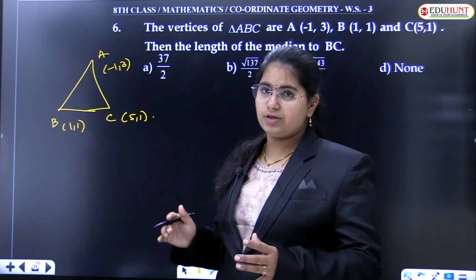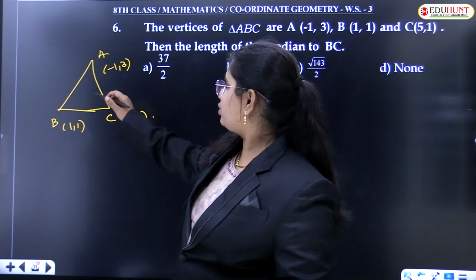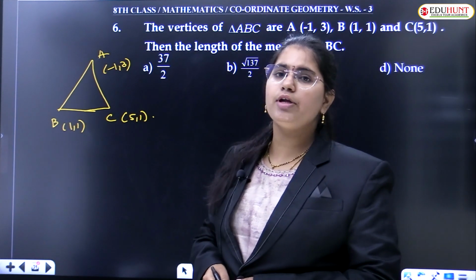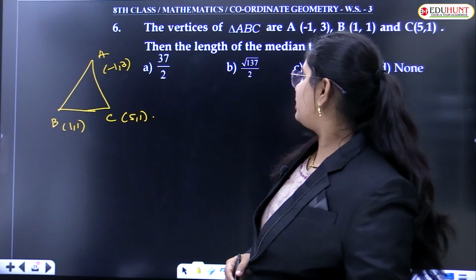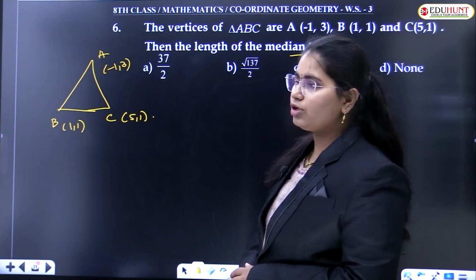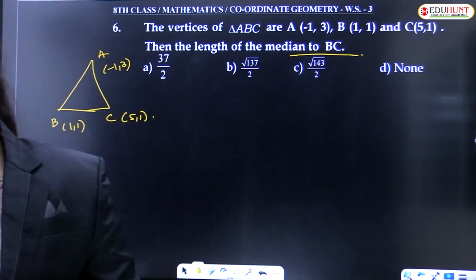In the last question, I guess it is a similar problem, but you had to find the median from vertex A. But here you need to find the length of median to the BC. Length of median to BC means what do you have to find out here?